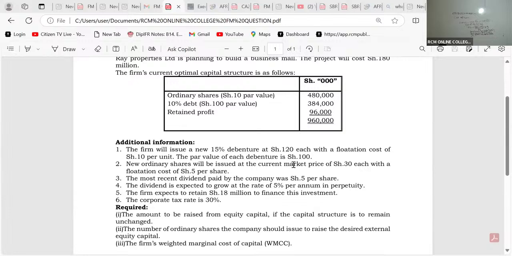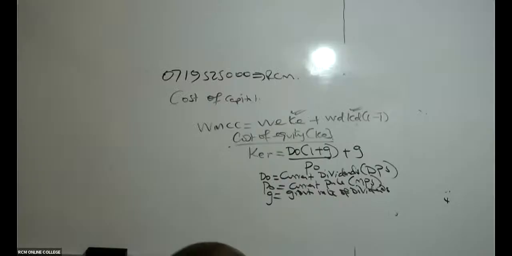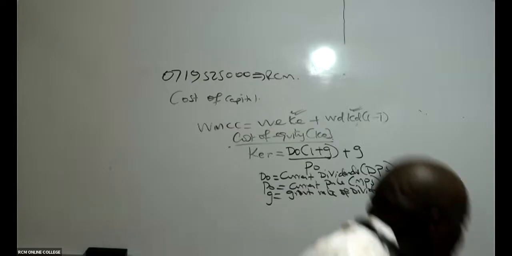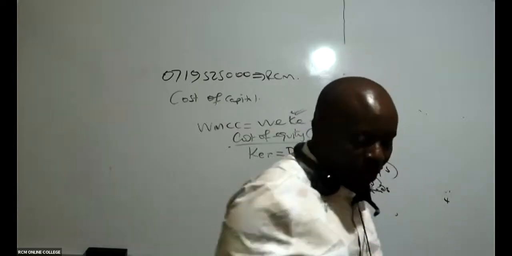And then you can see here, the most recent dividend paid, most recent means today, most recent means now, O. The most recent dividend, which is our DO, will be 5. And this dividend will be growing at 5%. So now I have everything really to ensure that I get cost of equity retained earnings.